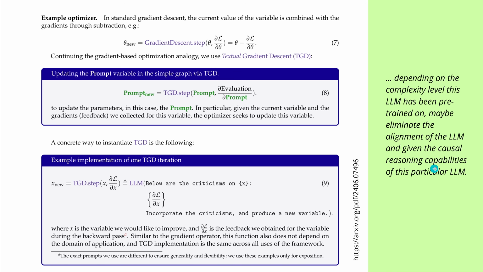And given the causal reasoning capability of this particular LLM, in our case a GPT-4 and a GPT-3.5, or maybe easier, you have a Mistral 7B and a Phi 3 Mini, you have to be really careful that you do not cross the threshold of complexity level or causal reasoning threshold that one of the systems is simply not able to perform.